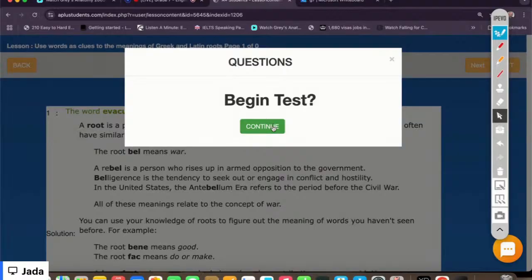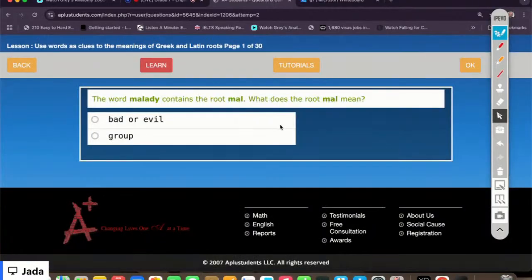Okay, let's go to the test. So what does the word malady mean? Okay, the word malady contains the root mal. What does the root mal mean? Bad or evil, or good?